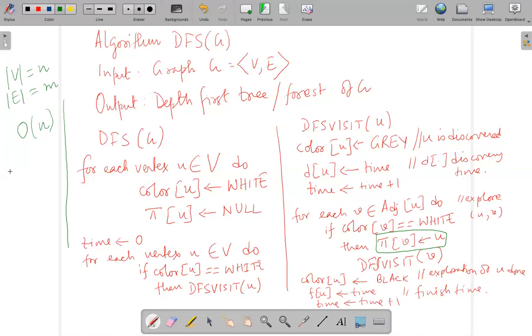And DFS visit has to explore every edge. Okay. Since it has to explore every edge, so therefore this will be order m. Okay, so the initialization is order n. So this is the initialization part.